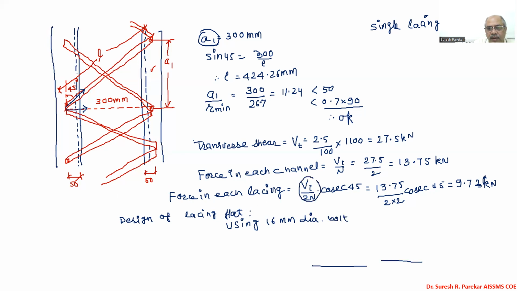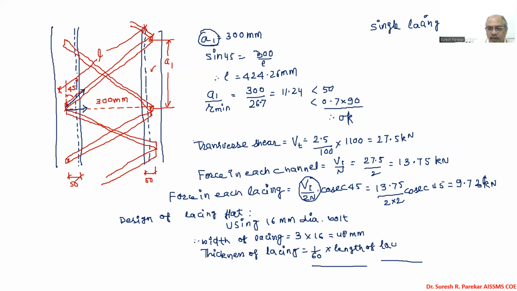I am making a change in single lacing and double lacing, and therefore we have width of lacing equal to 3 into 16, which is 48 millimeter, and then thickness of lacing is equal to 1 by 60 into length of lacing.